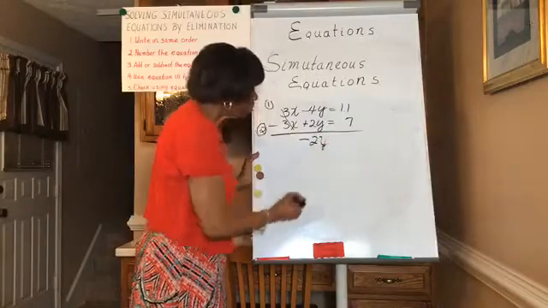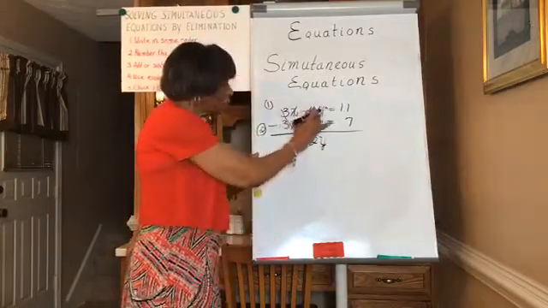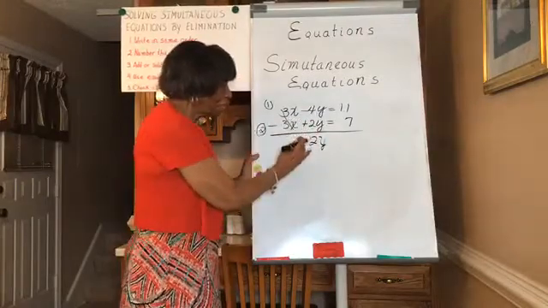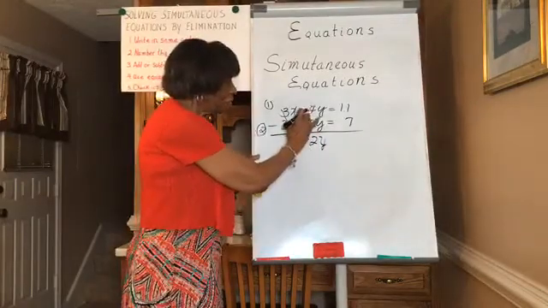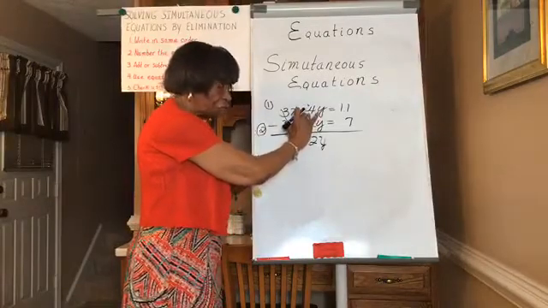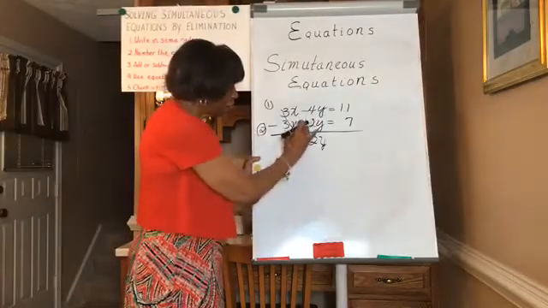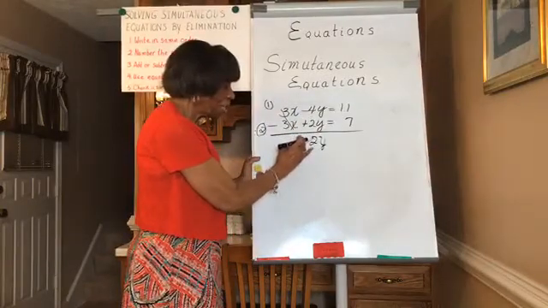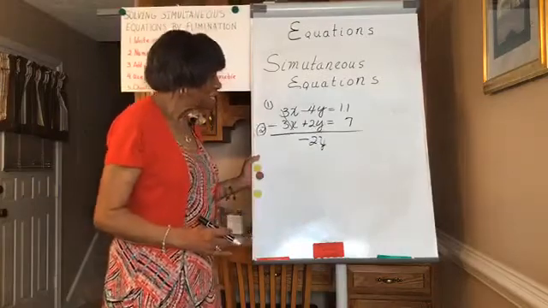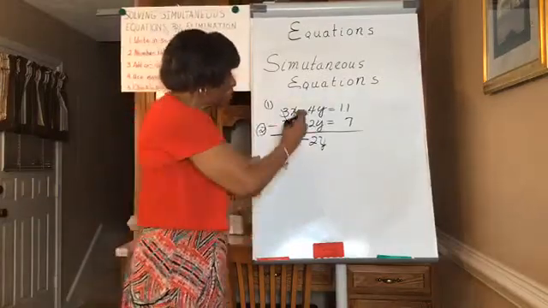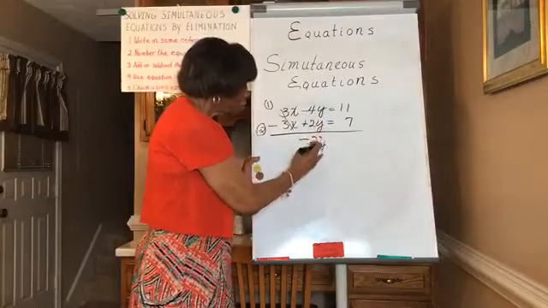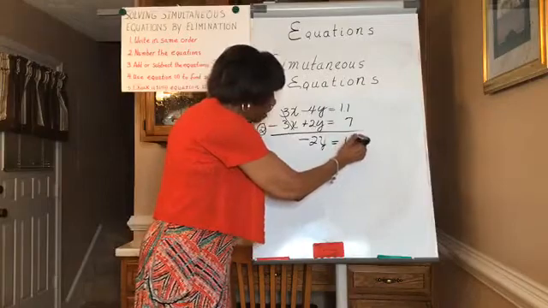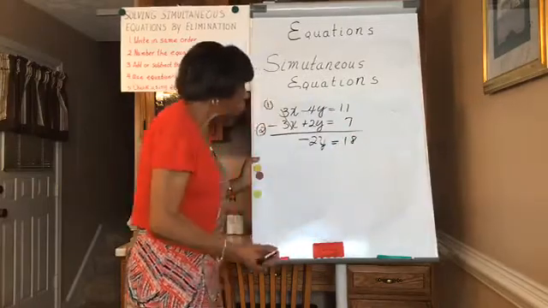Remember, negative 4 plus 2: the sign is negative because the absolute value of the negative number is 4, and the absolute value of the positive number is 2. So we choose the sign of the one with the higher absolute value, and then we subtract. 4 minus 2 is 2. And we add 11 and 7, which is 18.